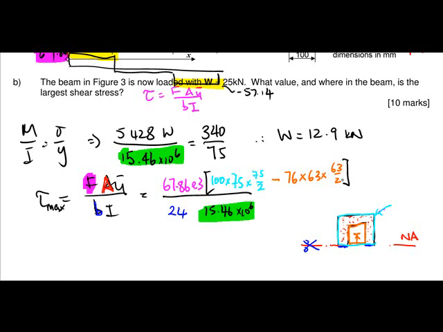All of that, the shear force times the A y bar, over B times I, gives something like 24 newtons per millimeter square. Okay, that's the shear stress.